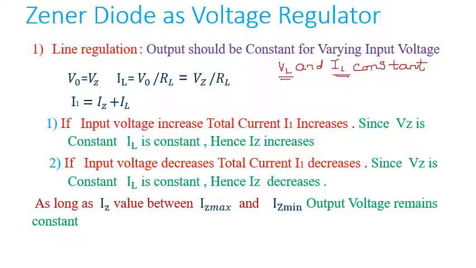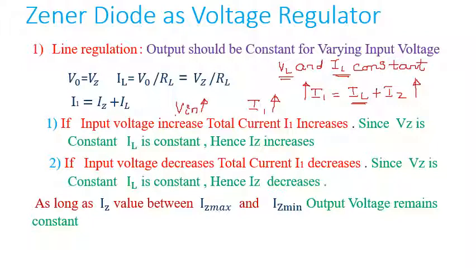That is, if the input voltage Vin is increased, current I1 increases, but I1 is equal to IL plus IZ. If I1 increases, IL has to be kept constant, so IZ also increases.